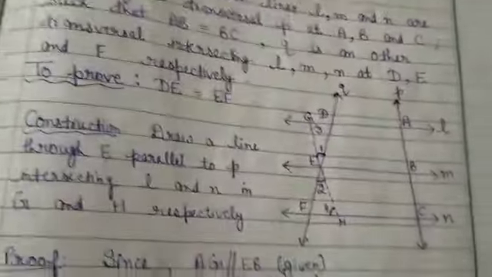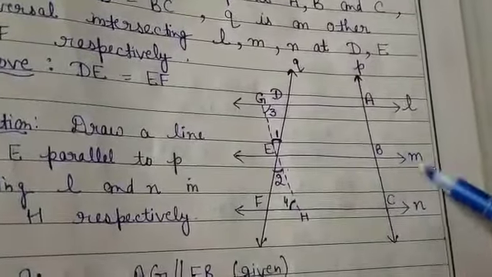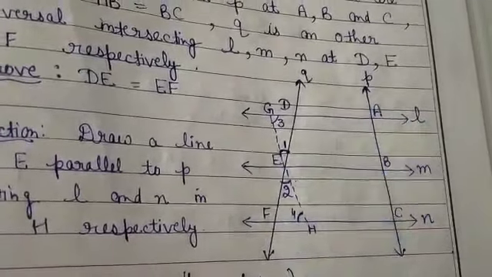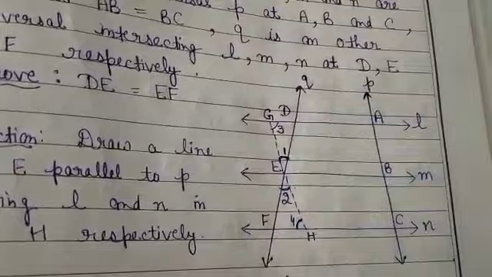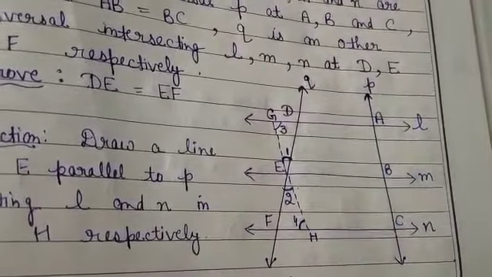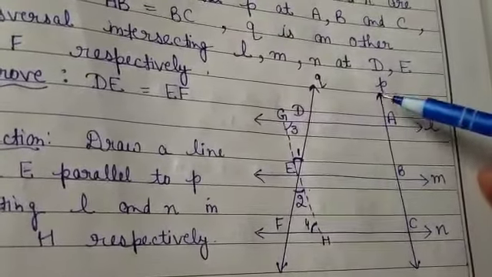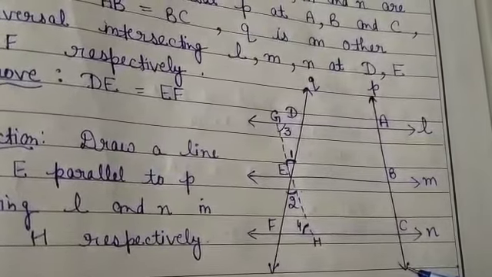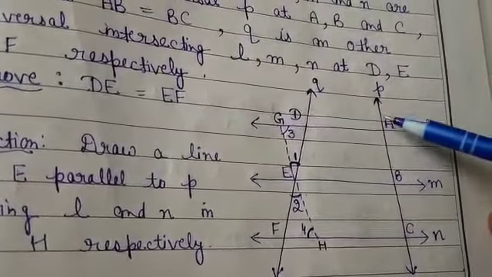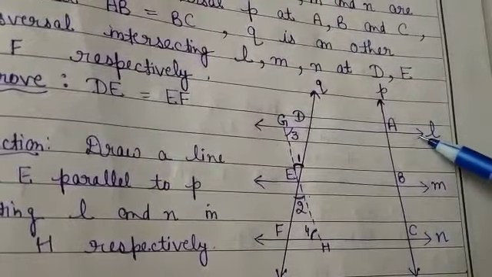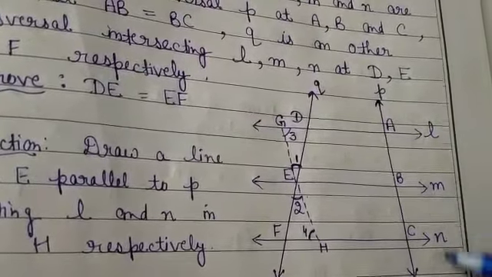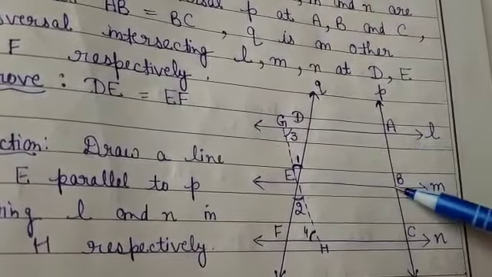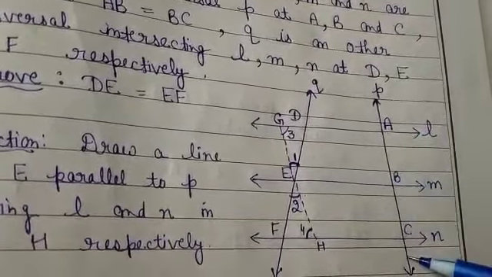You see here what we have to do. We are given that these three lines L, M and N are parallel. Q is a transversal. P is also a transversal, and it gives us equal intercepts. Intercept means this transversal is cutting these three parallel lines at the points A, B and C. Then the intercepts are AB, one intercept, and BC, another intercept.